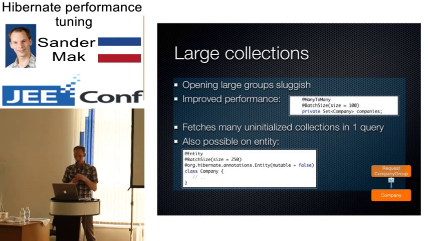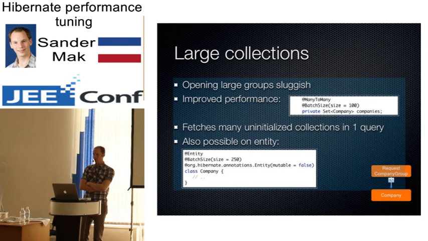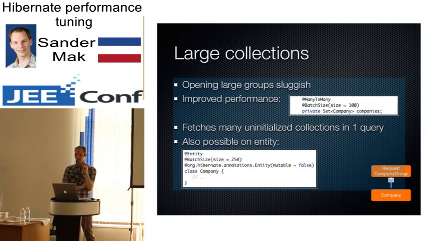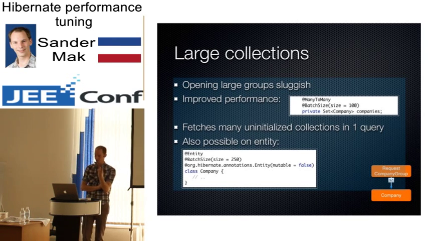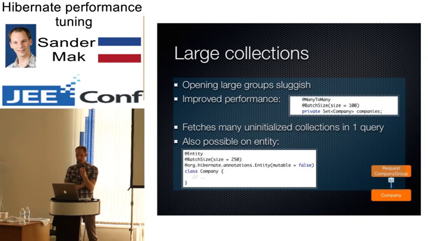And in this case, I added this batch size annotation to this collection of companies. And what it actually means is that if you have all these company groups, let's say you have 100 company groups in your actual persistence context, and you access the first lazy list of companies in one such company group, then Hibernate will try and get this collection of companies, of course, because it's lazy and it still has to retrieve them.